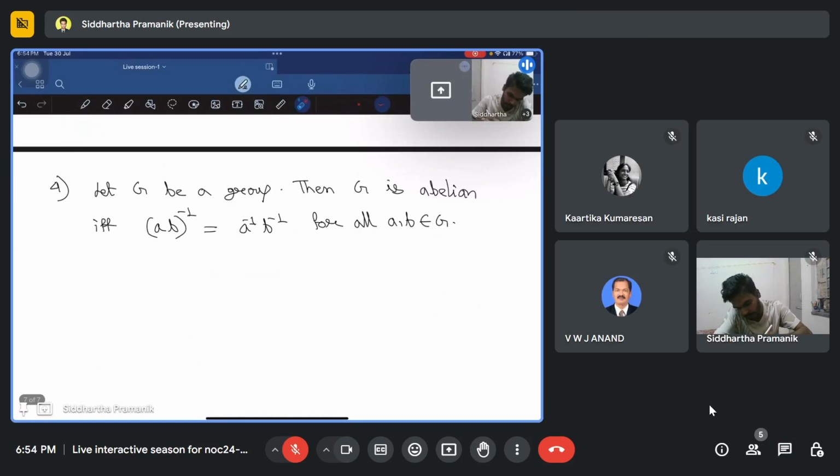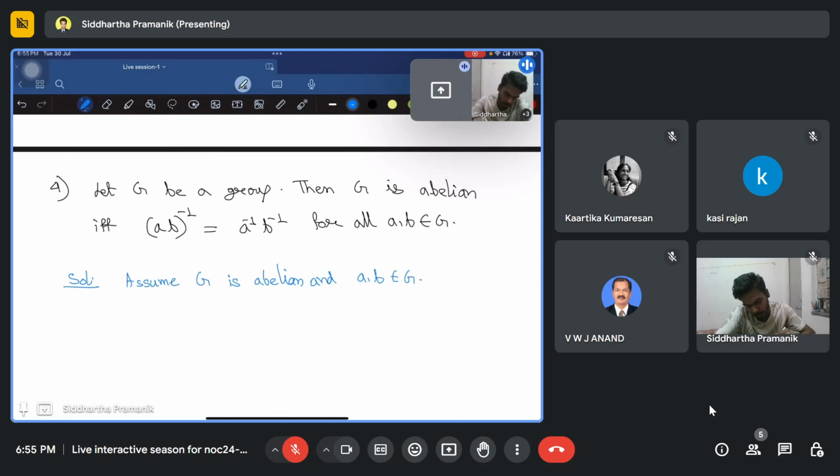Okay, let's do this. So first assume G is abelian and A, B be two arbitrary elements in G. We need to prove this equation holds. So let's start with the left hand side. Now (AB) whole inverse.